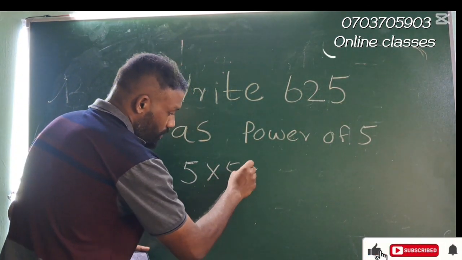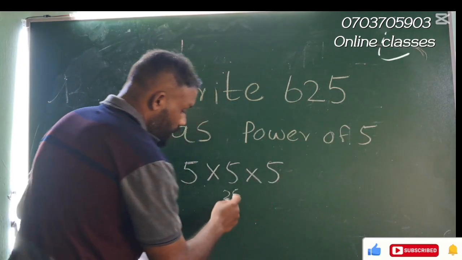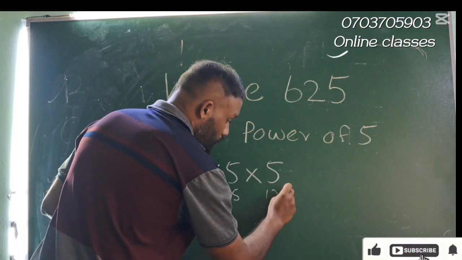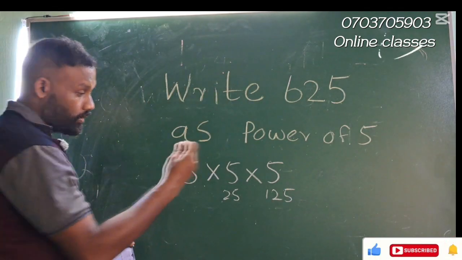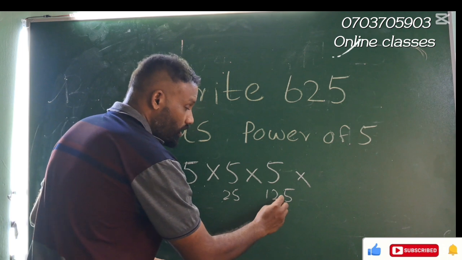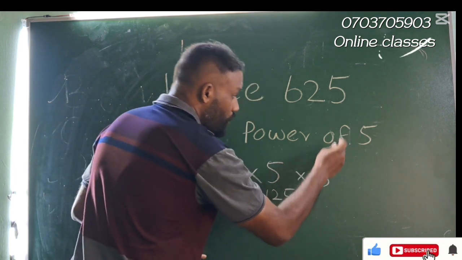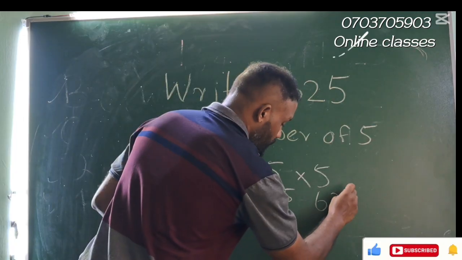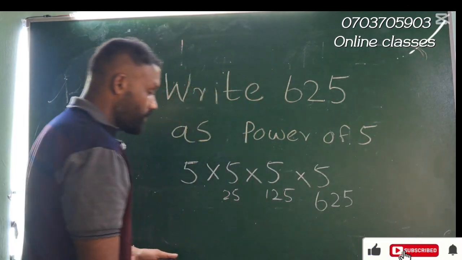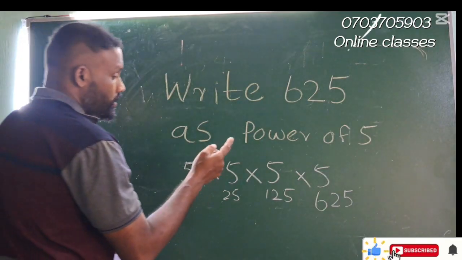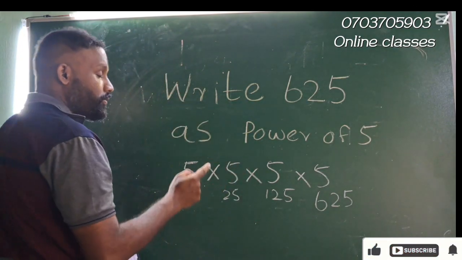Again times 5, 25 times 5, 125. Then 125 times 5, 625.